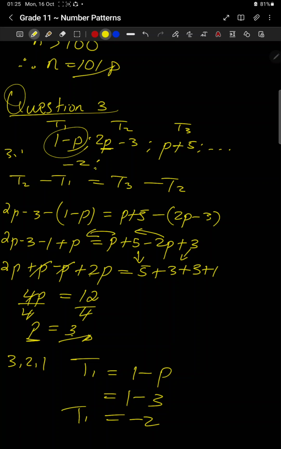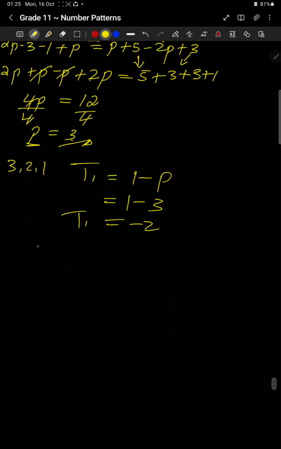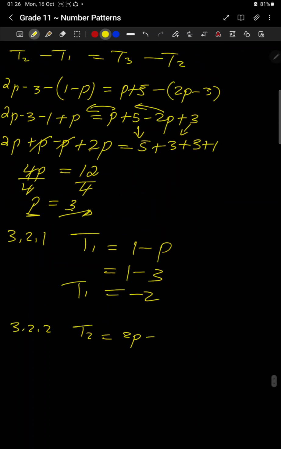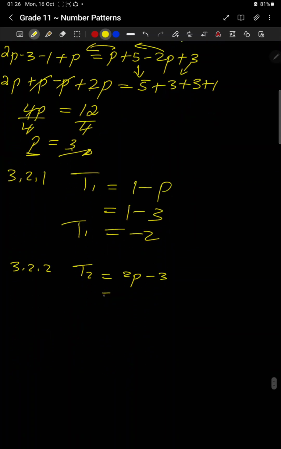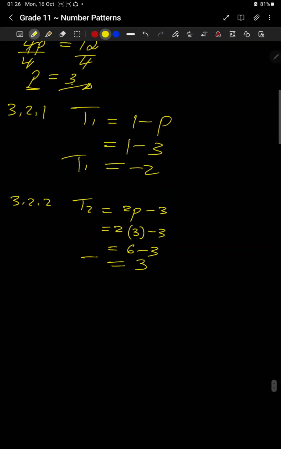We have to substitute with 3 and then see what we have. So in 3.2.2, t2 will be 2p minus 3, and then we just work it out. 2p is 6, and then minus 3, so that must be 3. Okay, that one is t2.